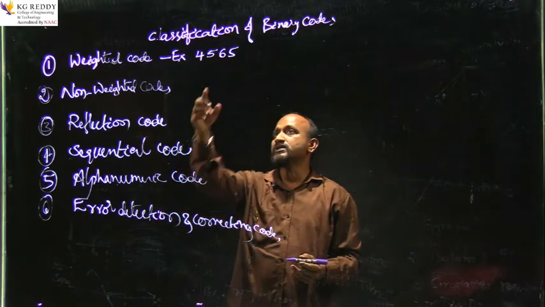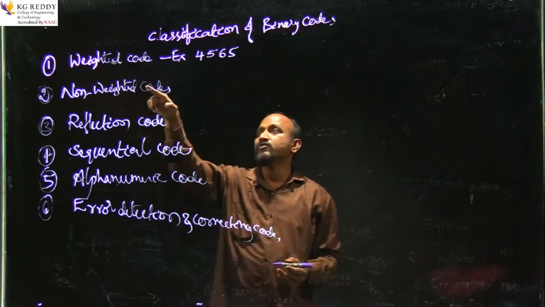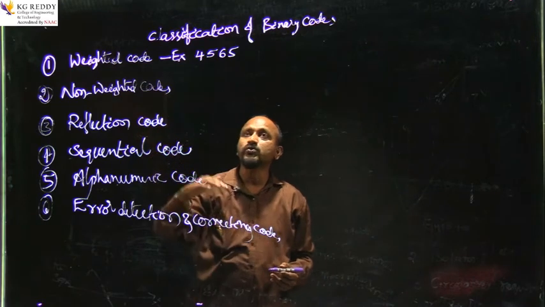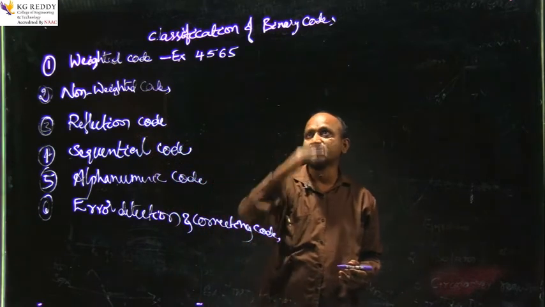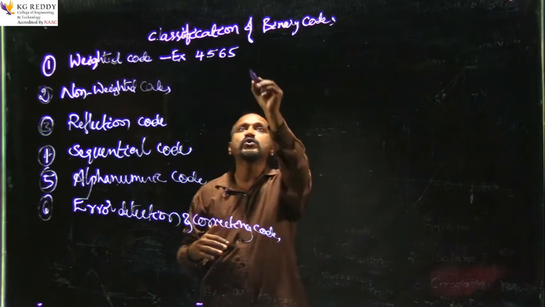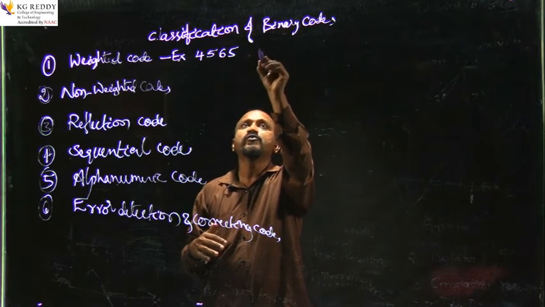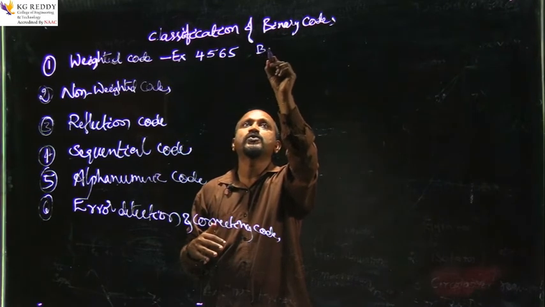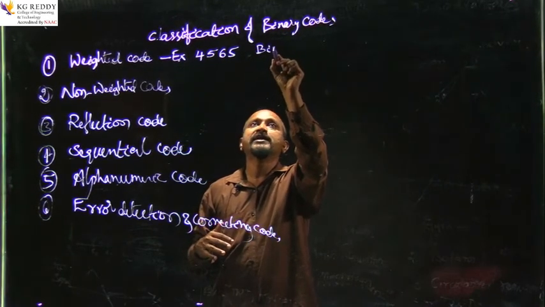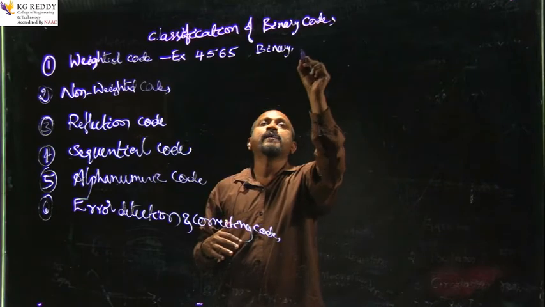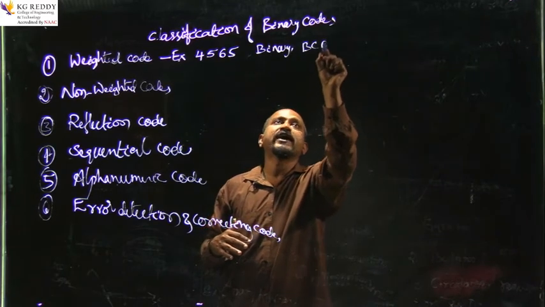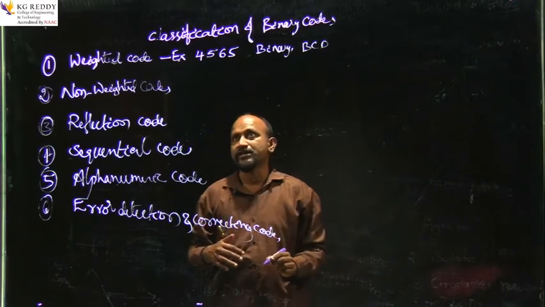Under weighted codes we have various types of binary codes, such as binary and BCD, which are examples of weighted codes.